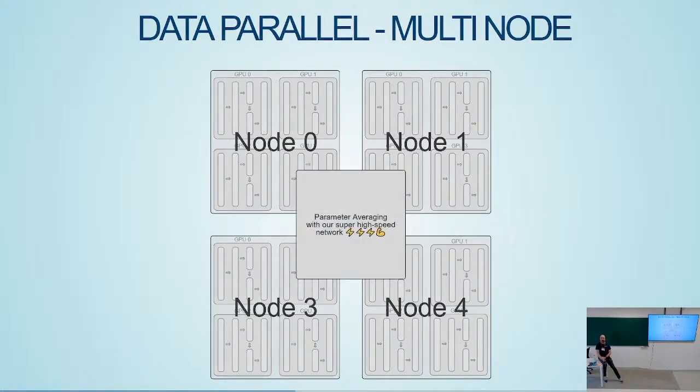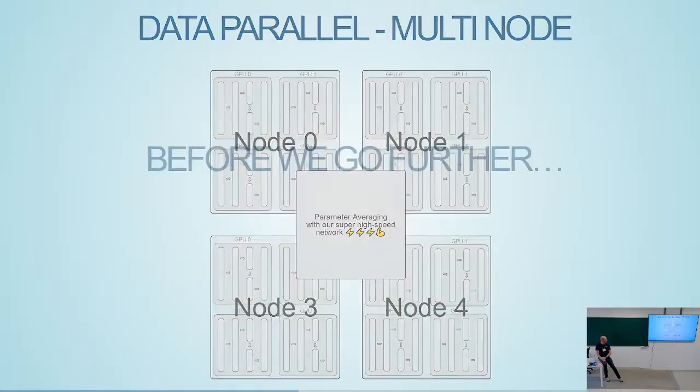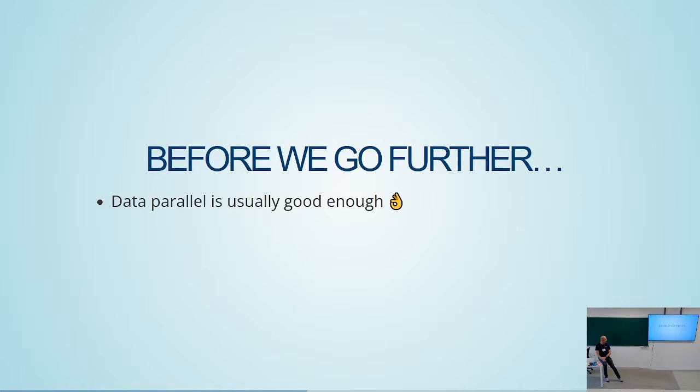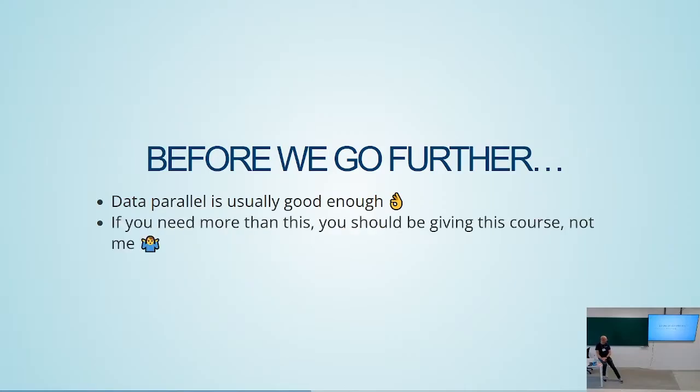This is when the network of a supercomputer gets important, because this is a lot of communication, and if you have a slow network here, you delay everybody. But usually this is good enough. For most cases, data parallel fulfills the needs of most of the training workloads that we have. If you need more than this, you probably know better than I do already.